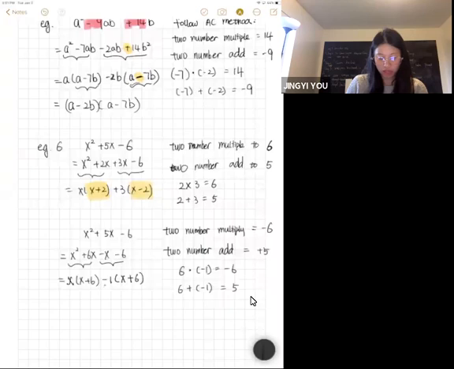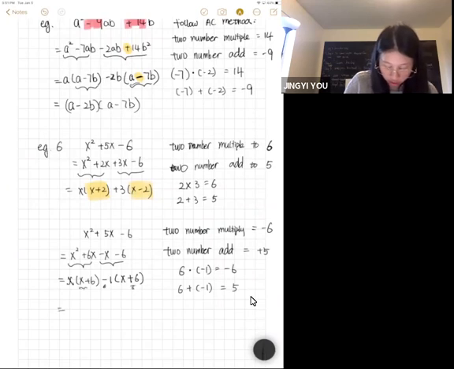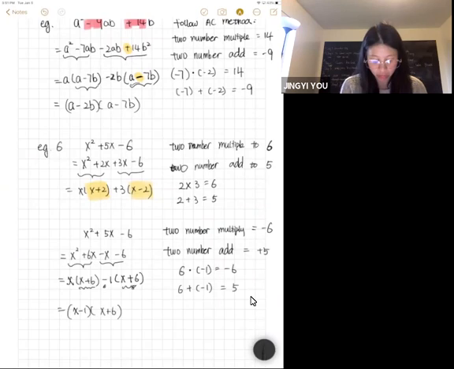Remember, negative 6 divided by negative 1 is equal to a positive 6. So now they have a common factor x plus 6. So this can be factored as x minus 1 times x plus 6.